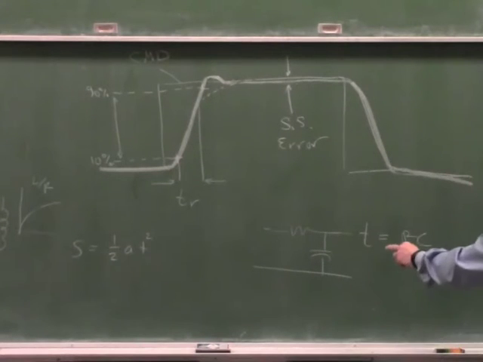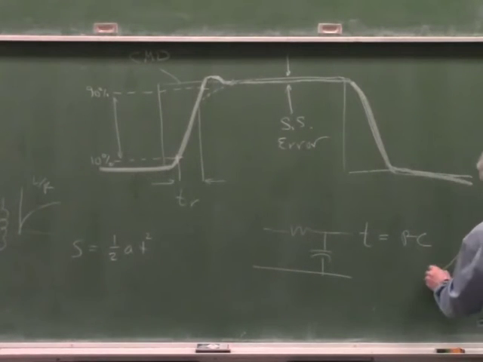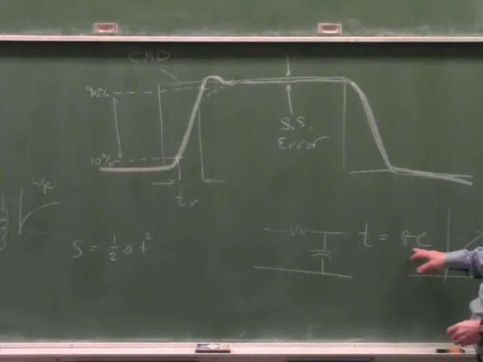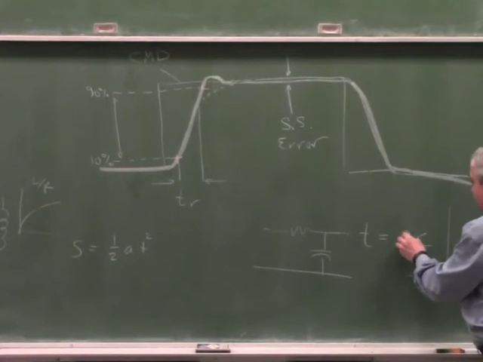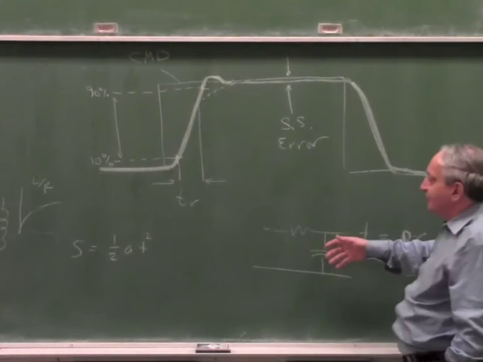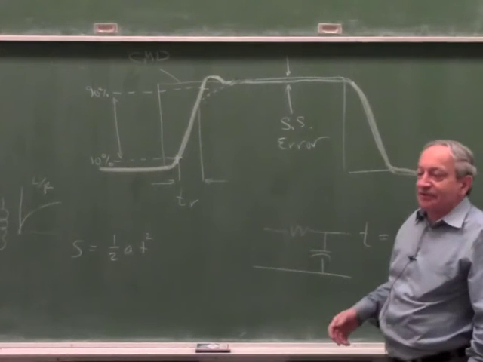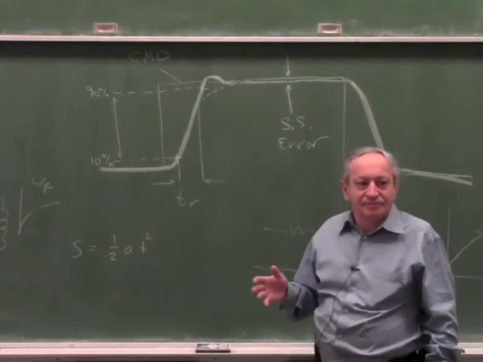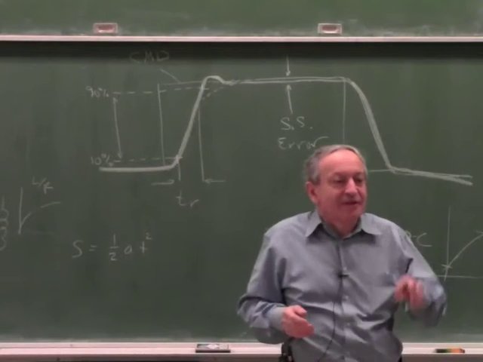Because if you draw this and measure the 10 to 90, you get a different value than RC. I think the answer should be clear just from the drawing. So why is the RC time constant of this different than the rise time? That measures to a different value.